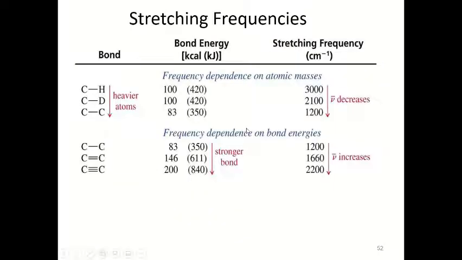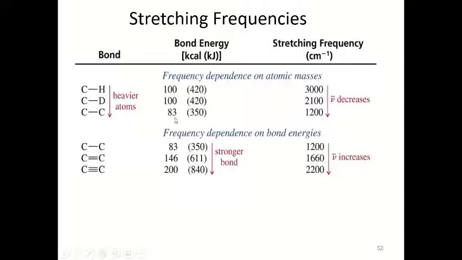These are a few examples of vibration frequency and how it depends on the atomic masses and the bond energies. As you can see here, from C-H, C-D, and C-C, we go from lighter atoms to heavier atoms, right?